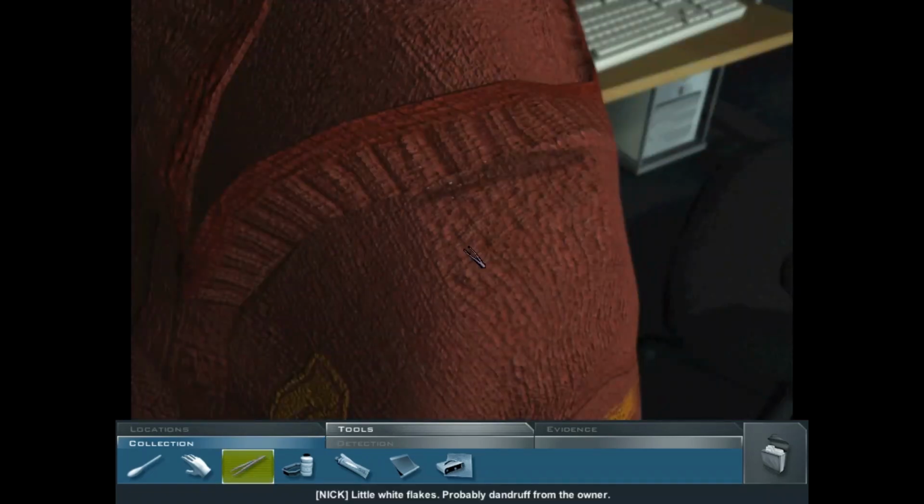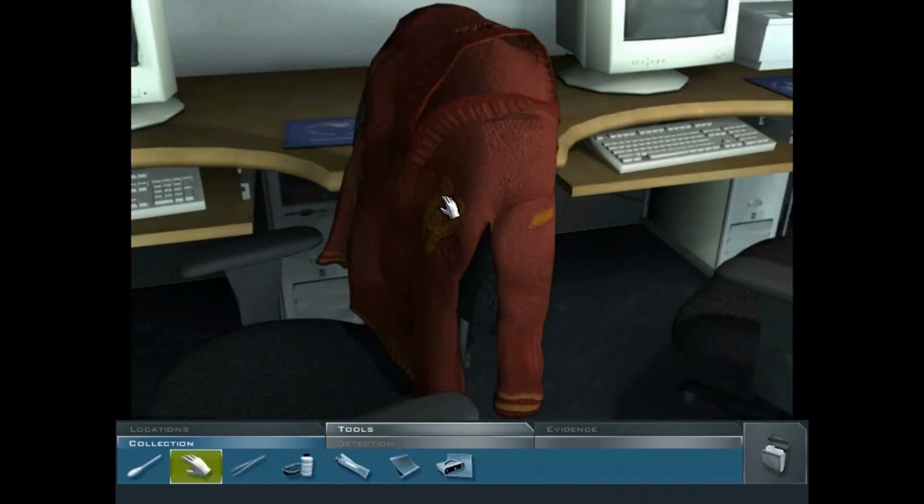Little white flakes. Probably dandruff from the owner. We're a little too close to pick it up. Whoa. Let's not pick this up till we've checked for any evidence that might be on it.